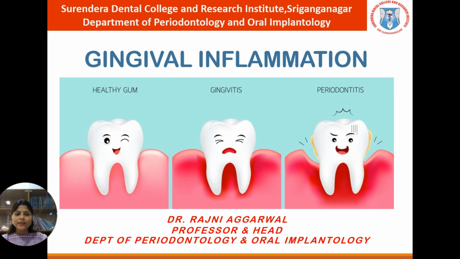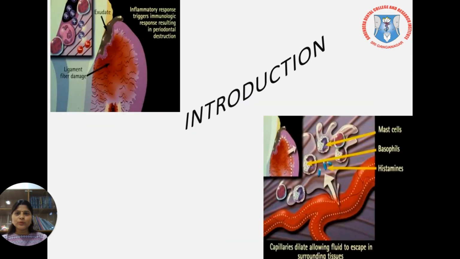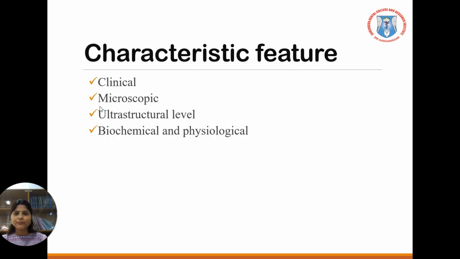Today, let's talk about gingival inflammation, that is gingivitis. Now, as we know, the pathological changes in the gingiva occur because of the plaque which is present in the gingival sulcus. The bacteria present in the plaque produce products such as collagenases, hyaluronidases and endotoxins, which cause inflammatory changes in the gingiva, and there is the establishment of gingivitis, which further leads to periodontitis.